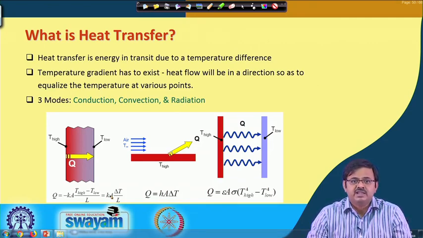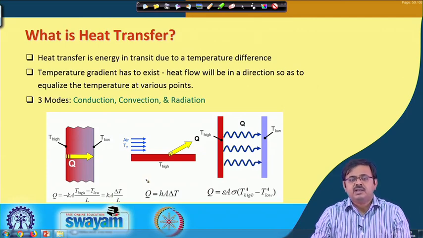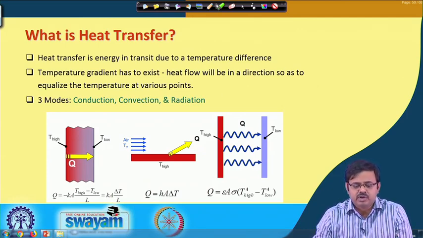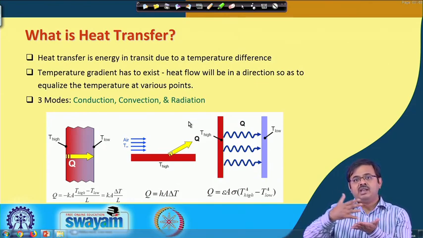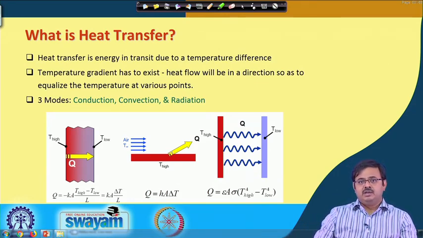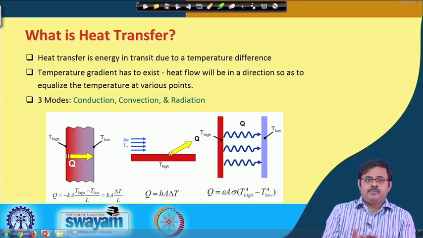Now, what is convection heat transfer, which is shown in the second cartoon over here? Convection is when, apart from just molecular vibrations, we also have what is called a bulk flow of a fluid. A solid cannot flow, a fluid can; it can be a liquid, it can be a gas.